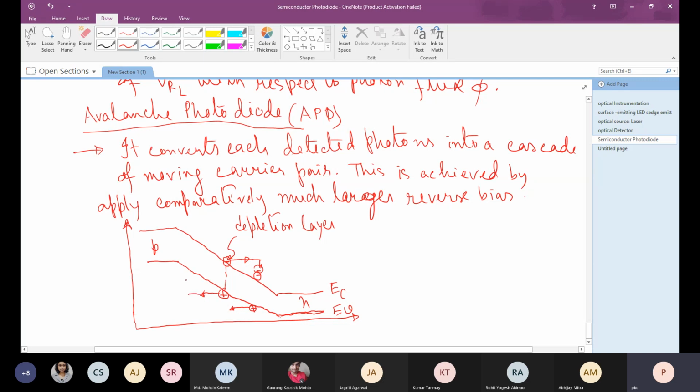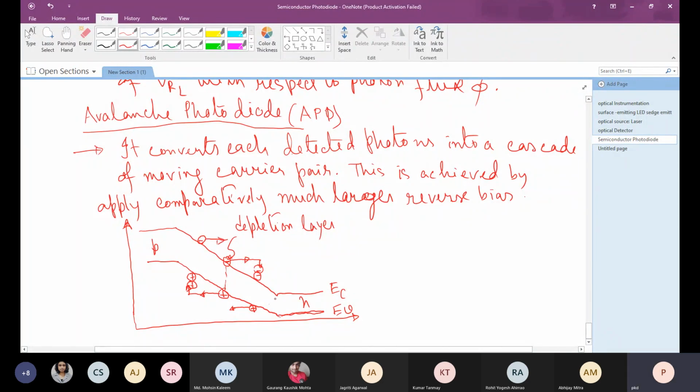Similarly, on this side also it may happen. The accelerated carriers impact with some carriers in the material and thereby liberate another pair.